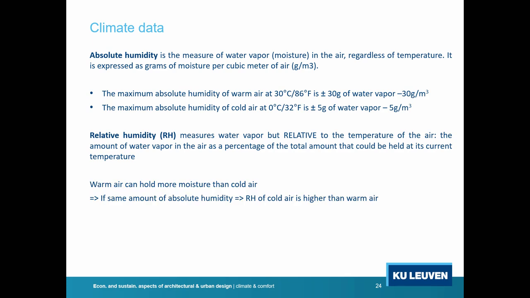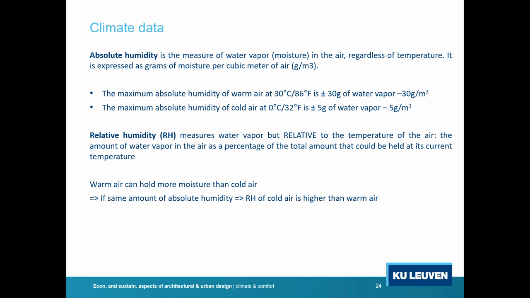So this is the conclusion, that warm air can hold more moisture than cold air, and so meaning if the absolute humidity remains the same, the relative humidity goes down. Yeah? So the relative humidity depends on your moisture that is actually there compared to the maximum amount of moisture. So if your maximum amount goes up, the relative humidity goes down.